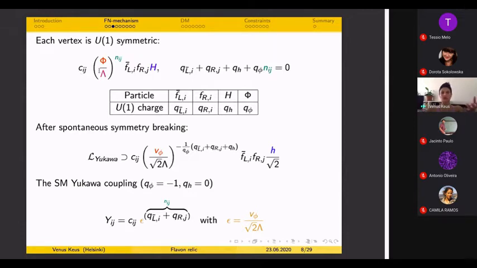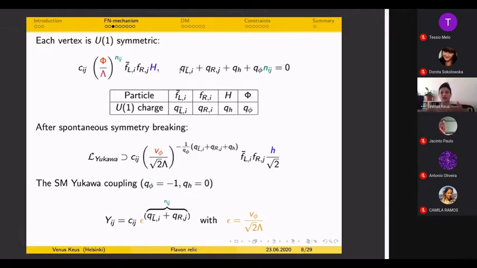At each vertex, the sum of the U1 charges has to be 0, or the term has to be invariant under the U1 symmetry. So basically, if you add the charges of all the particles that sit here, you will have to end up with 0. So here, the left-handed anti-fermion would have this charge. That's the definition that we're giving.